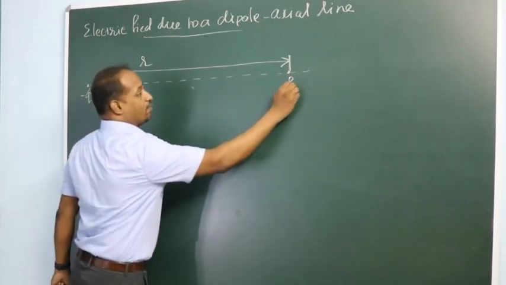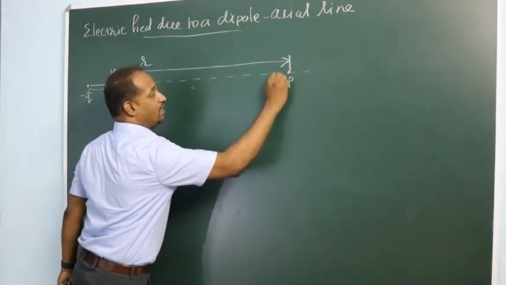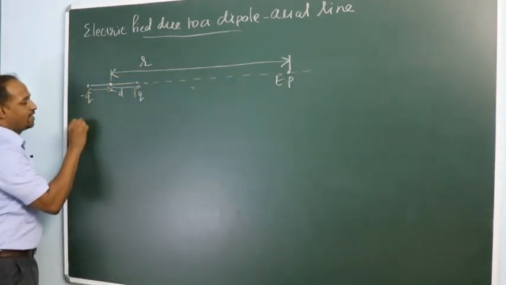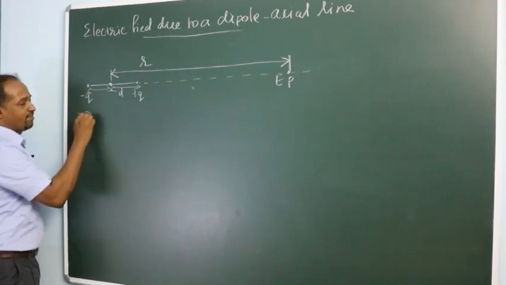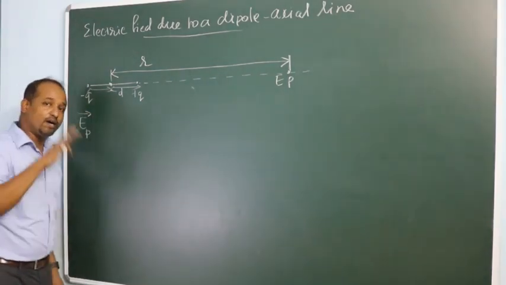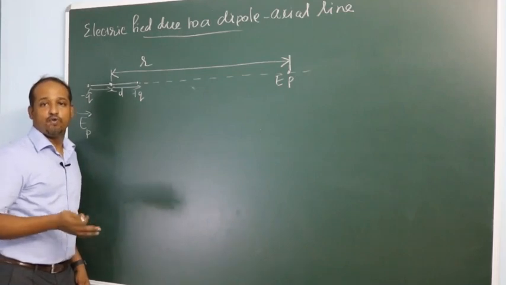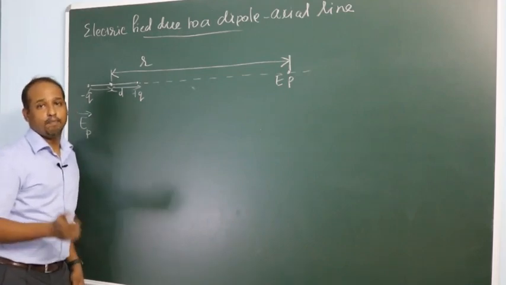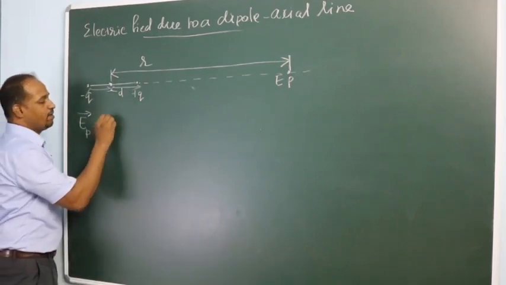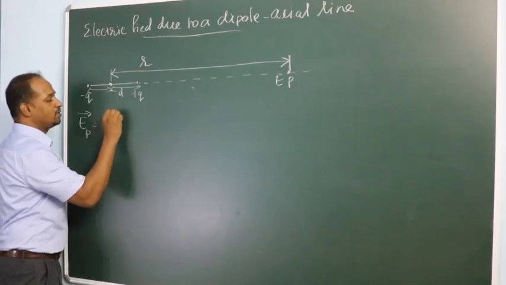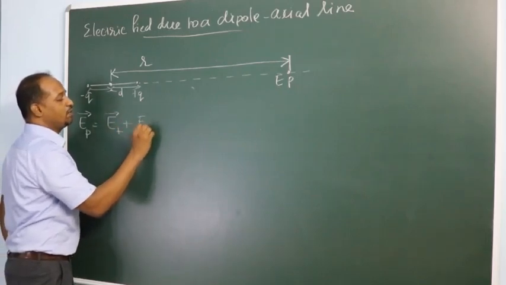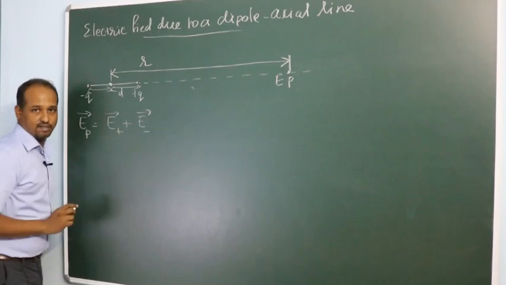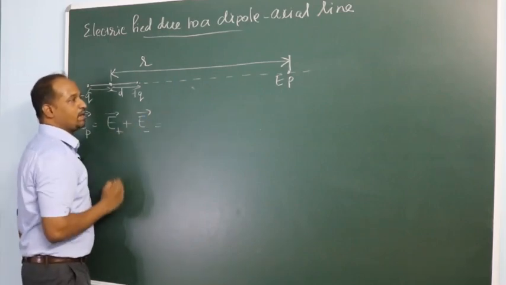Then the electric field at the point P, let us call it EP, is a vector, because electric field is nothing but the force experienced by a unit positive charge. Then EP will be equal to the electric field due to the positive charge plus the electric field due to the negative charge, which is the vector sum. How do you find the electric field due to the positive charge?